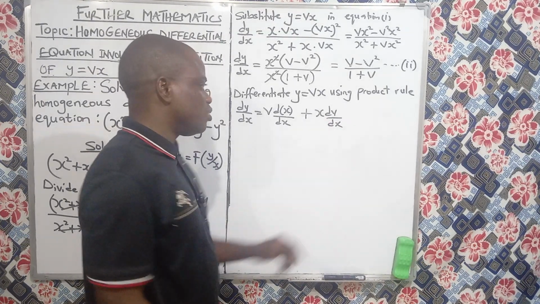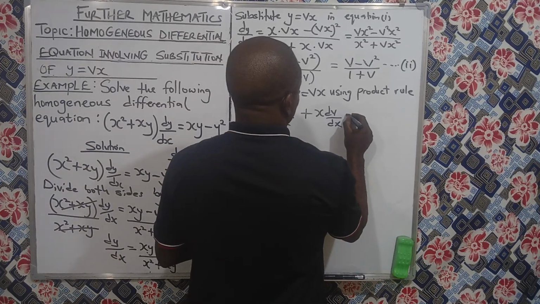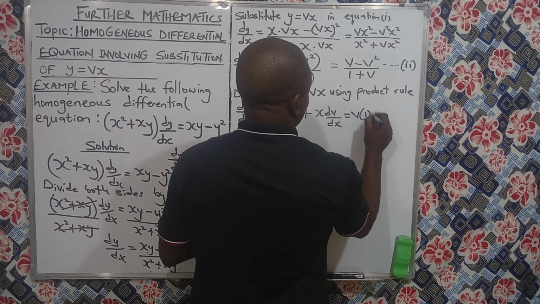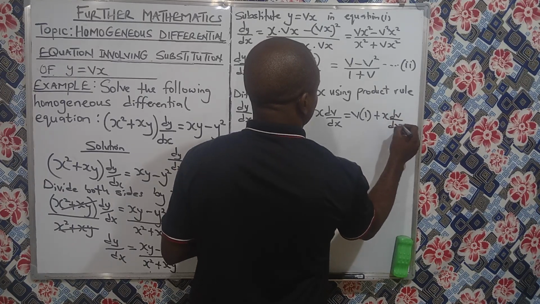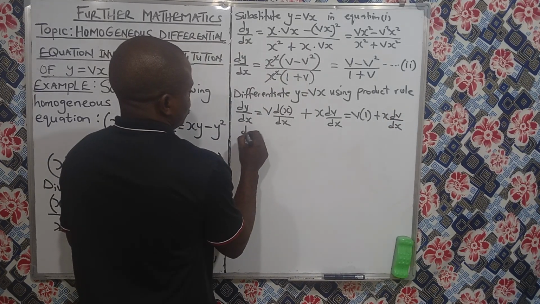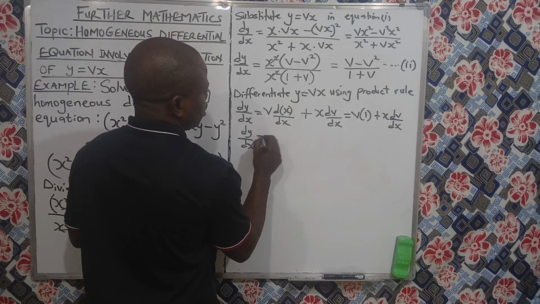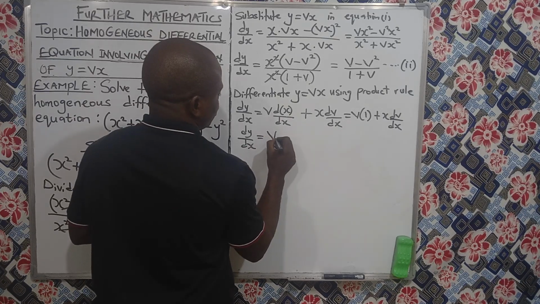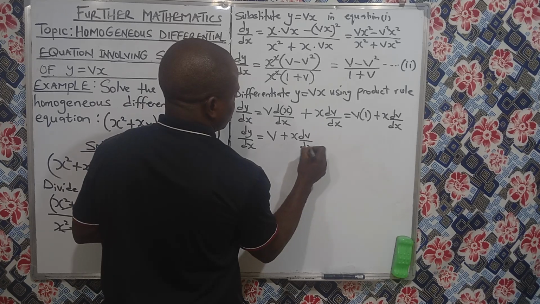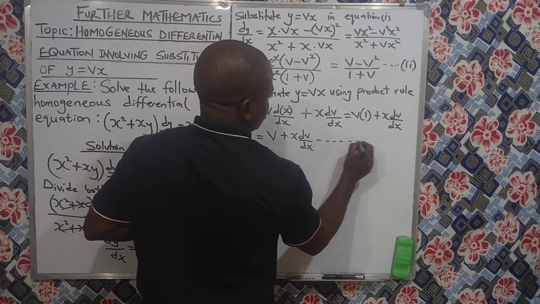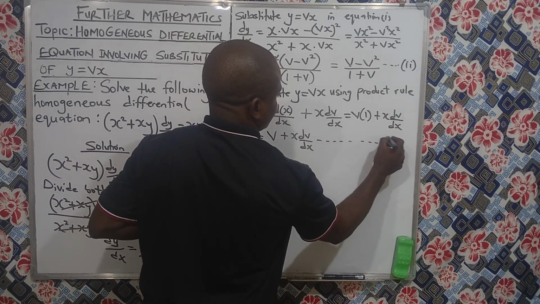That's why it will remain the way it is. And you now have dy over dx equals v times 1, that's v, plus x dv over dx. Let's call this one equation 3.